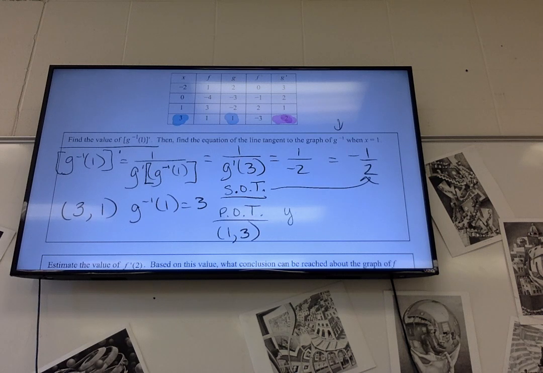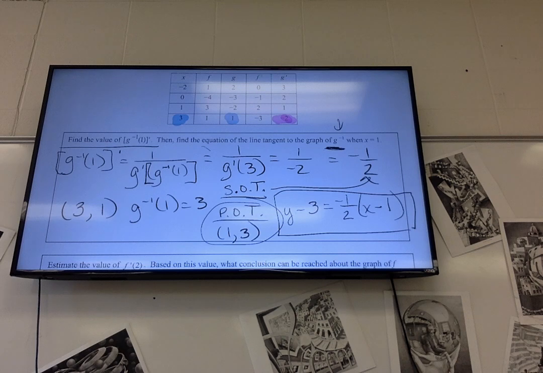Well, y minus y1 equals m times x minus x1. Wait, because we're finding the equation of the line tangent to the inverse, we have to use the point of tangency for G inverse. The inverse of 1 is 3, which is x.